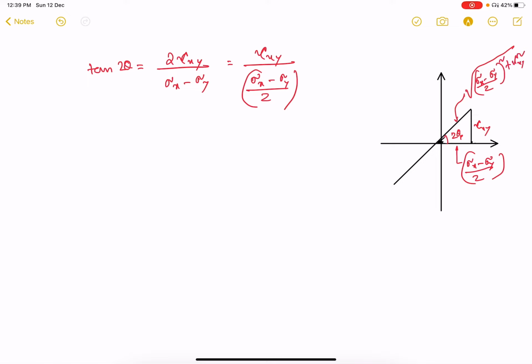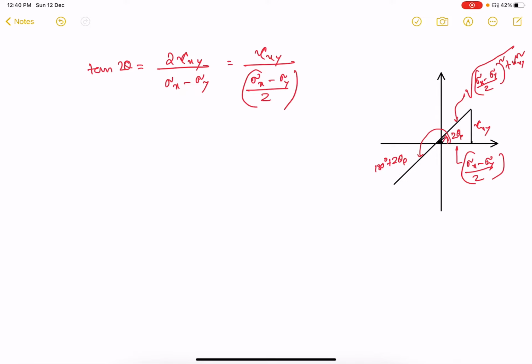And after this, 180 degrees plus 2θp, we will get another principal plane, where things will be the same.